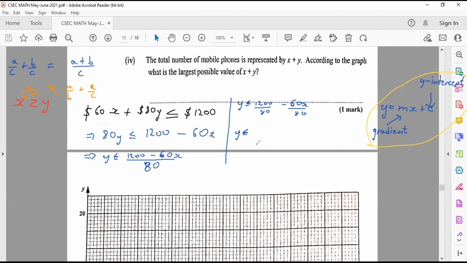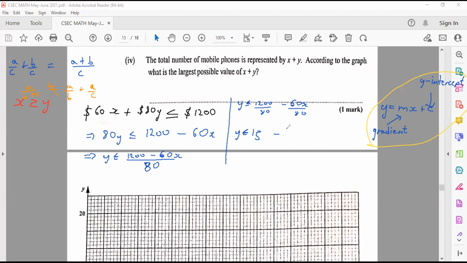How much is that equal to? 15. Okay, 15. Minus 60x over 80. Zeros cancel. That's the same thing as saying 3 over 4.